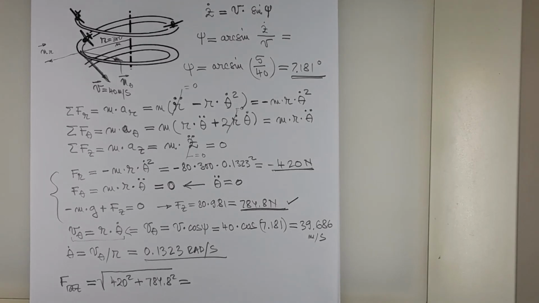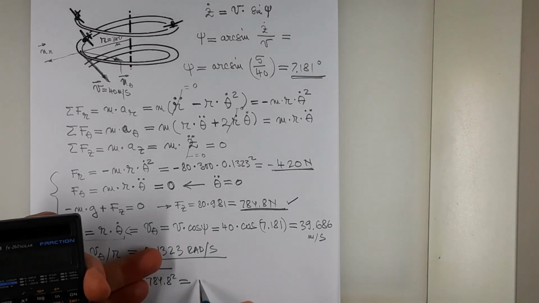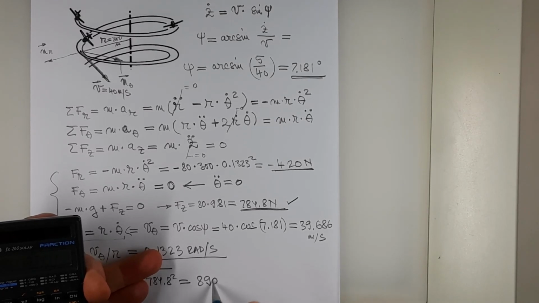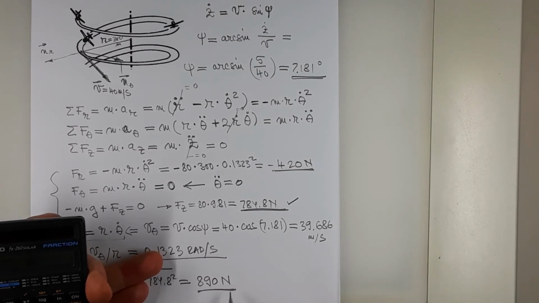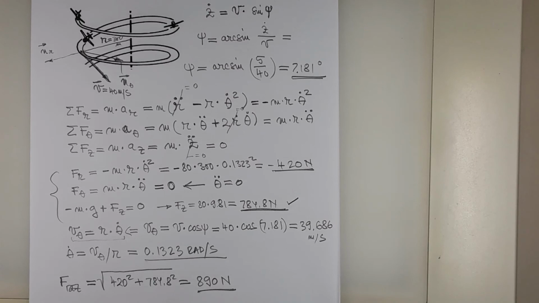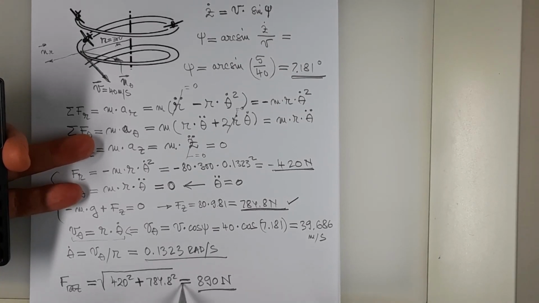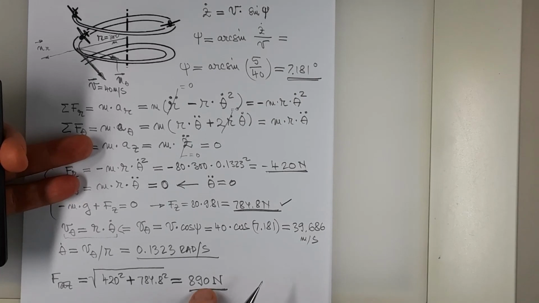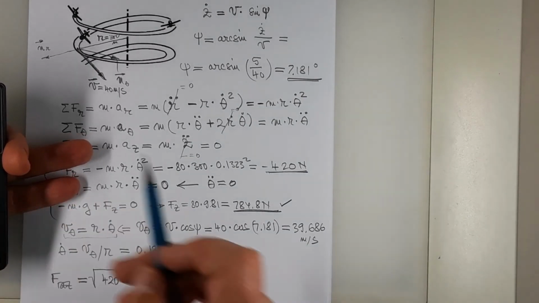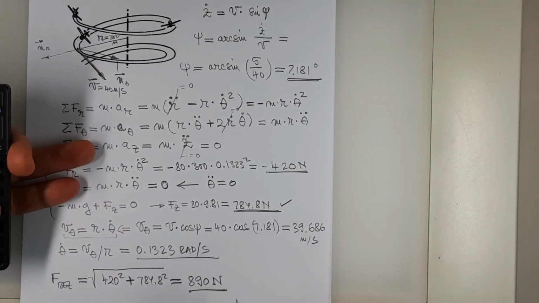So it's 890 newtons. Okay. Now if I divide this by 9.81, I get 90.7. So this is the apparent weight, but the apparent mass is like the pilot having 90.7 kilograms. Okay, so this is the answer.